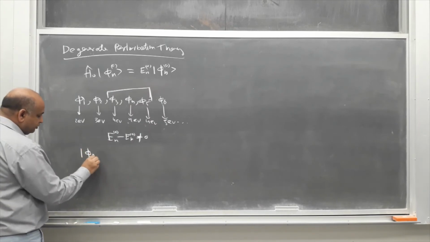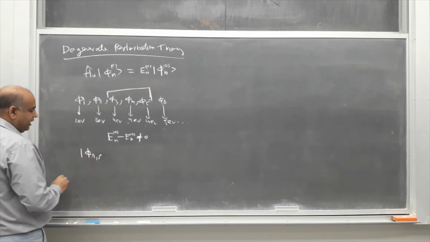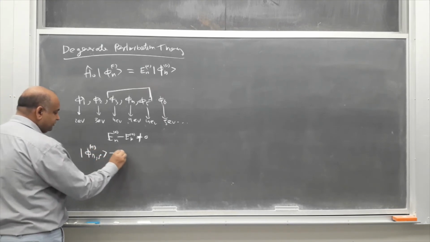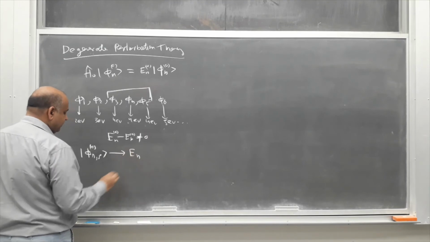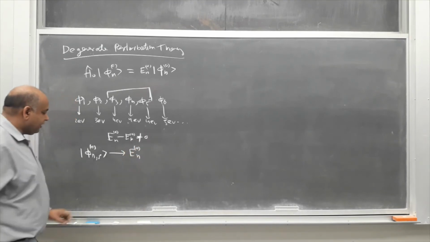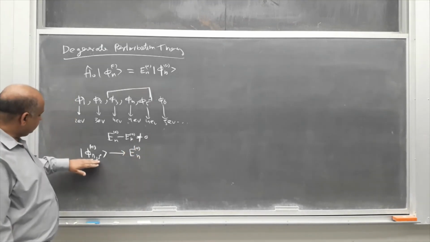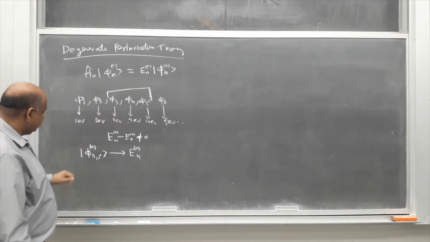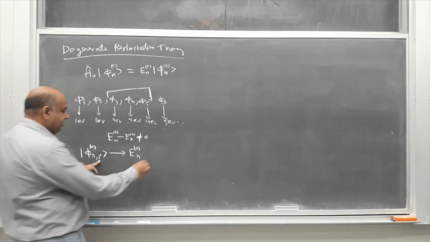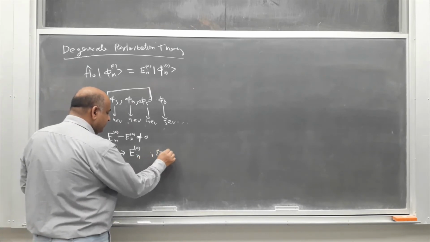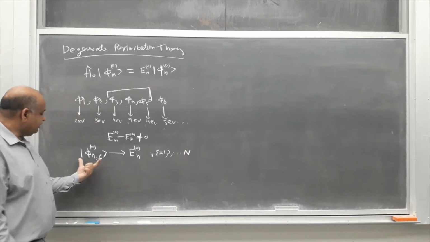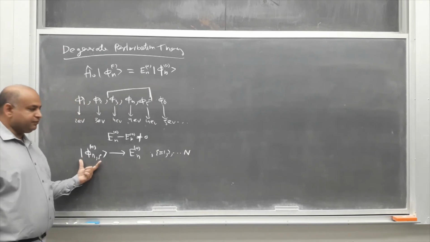Now I'm going to put an extra label i, that all of these have the same eigenenergy En, even though they're all different eigenfunctions. For example, this one, and this one. So I have introduced another index i, and suppose that we have capital N number of degenerate states in this one.